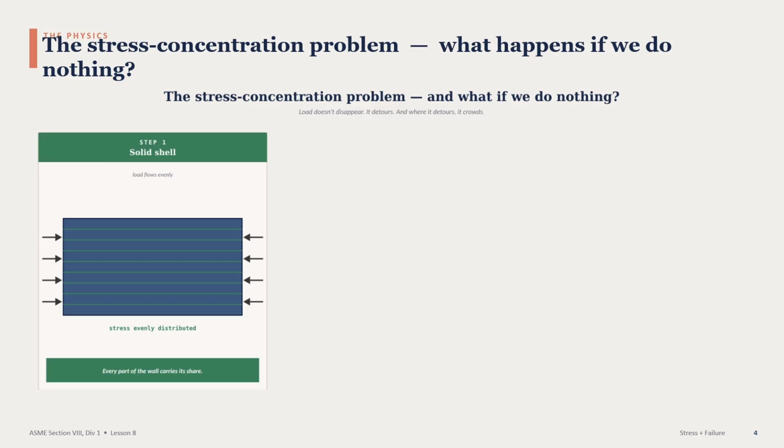They are stress flow lines. Imagine the pressure load traveling through the wall from left to right. When the wall is uniform, the stress spreads out evenly. Every part of the wall carries its share. This is what internal pressure looks like in a healthy vessel.